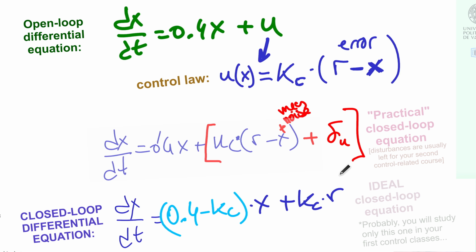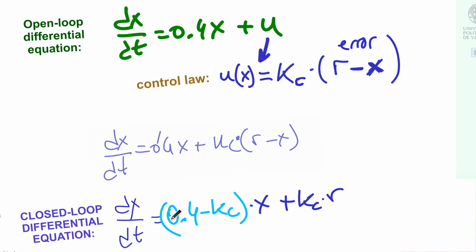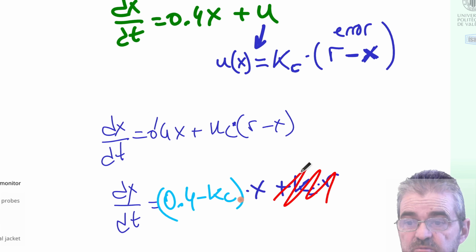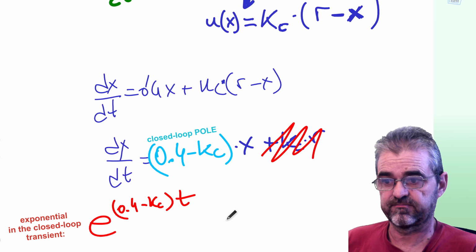So, forgetting about that, we concentrate on this. In a first order equation that has just an exponential response, we need to consider just two things: the stability and settling time, and the final value. The free response will be this.